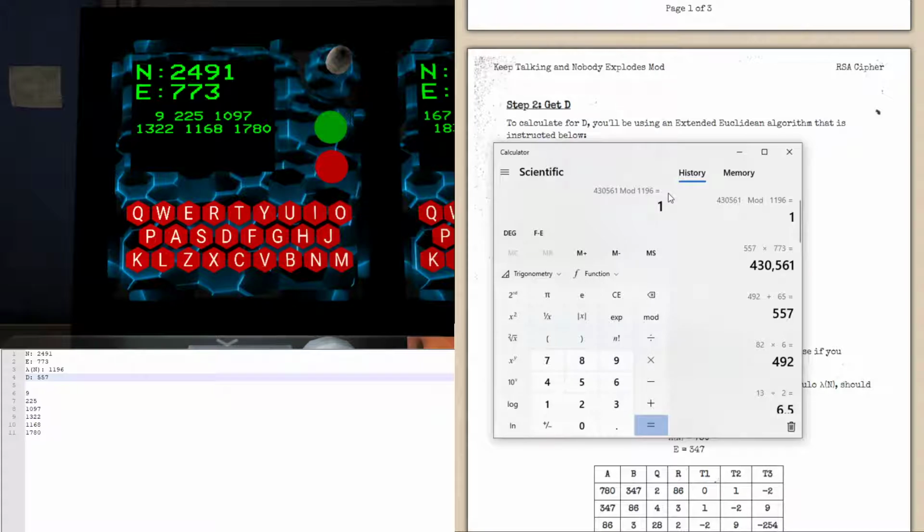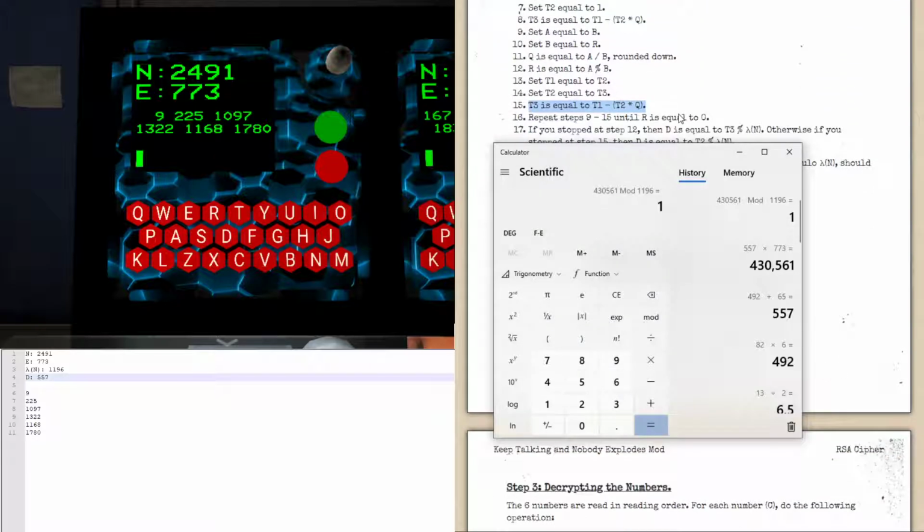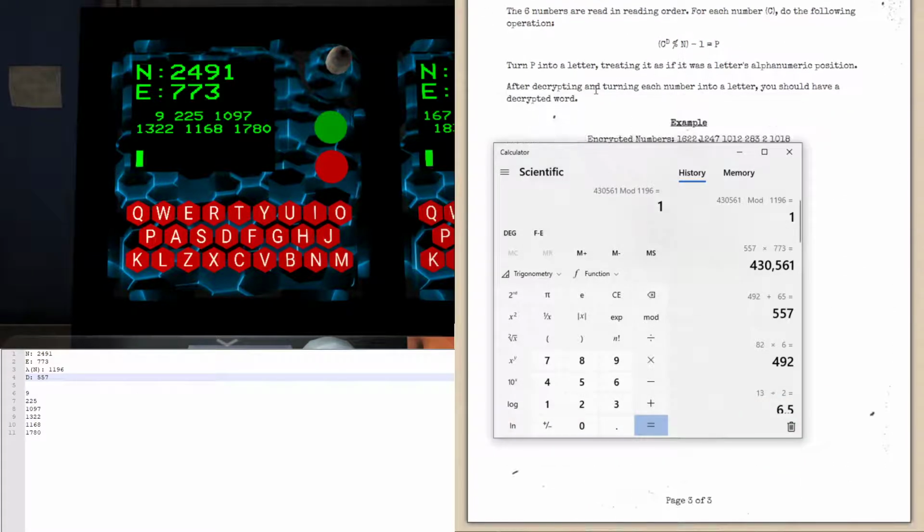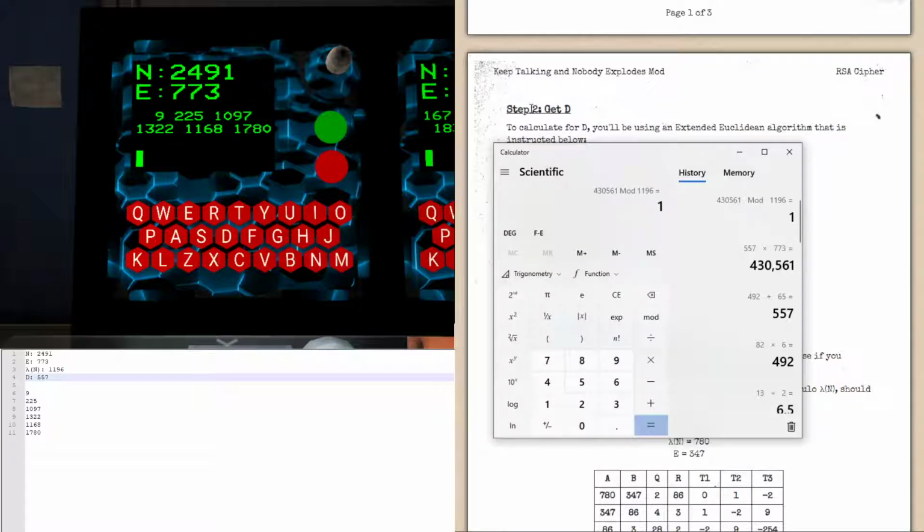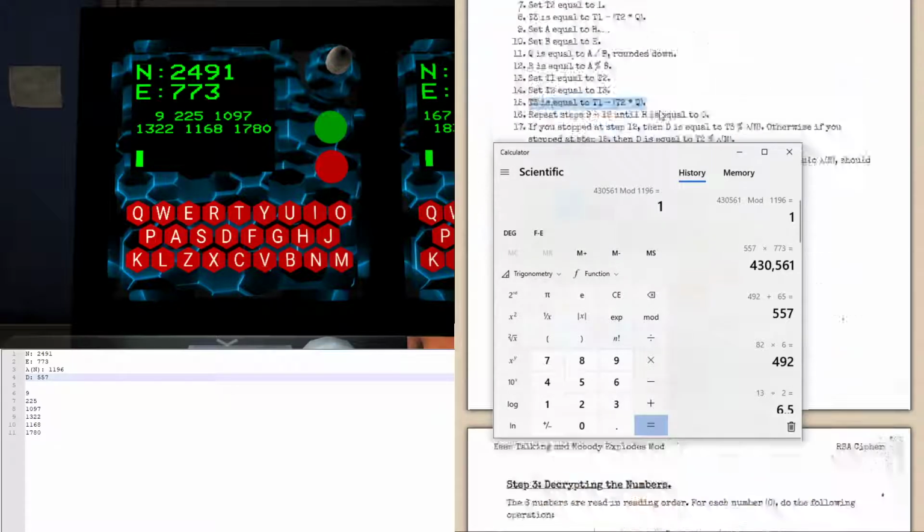However, that doesn't mean you did step 1 correctly. That's all I'm going to say about this, because you can do step 1 incorrectly and still come out with a result of 1 in step 2. And all that's going to mean is you're going to get gibberish for step 3, which makes this a particularly difficult module. If by that point you got step 1 wrong, then you need to do the whole entirety of step 2 in order to do step 3 again.